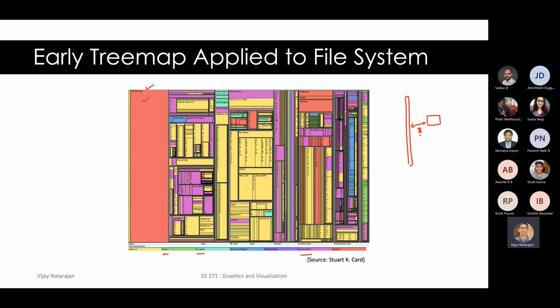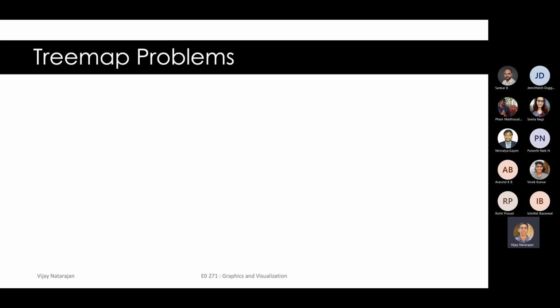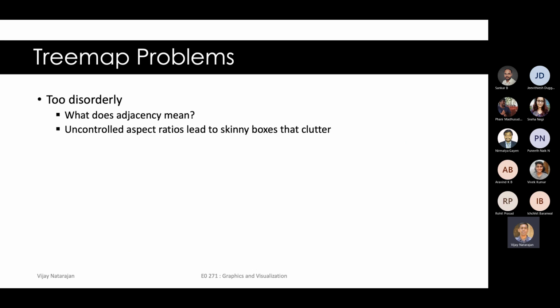So this initial idea was helpful to identify a few outliers. It was possibly useful to identify the hierarchy, but it was not clearly useful to compare sizes of objects. So this was 91. There was a long list of papers after that, which helped solve these issues.